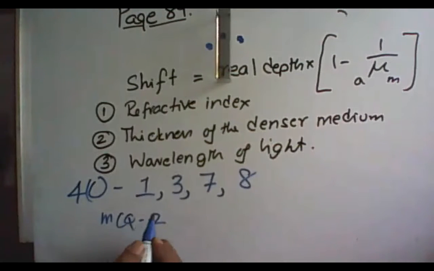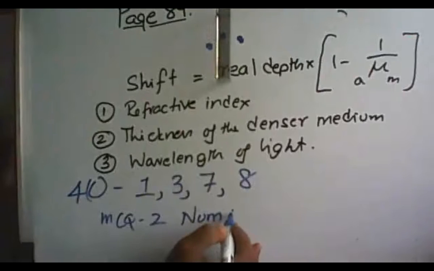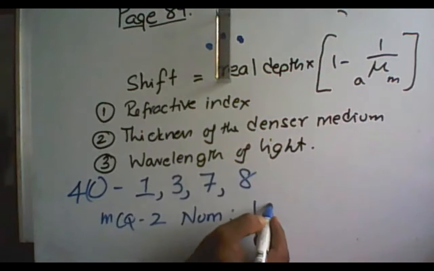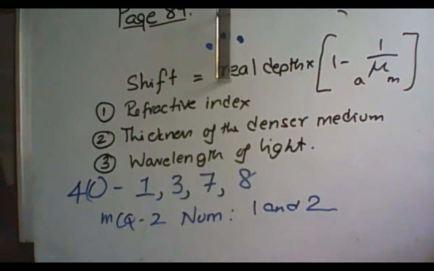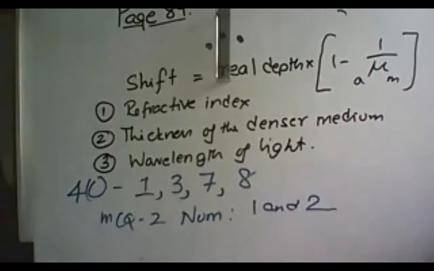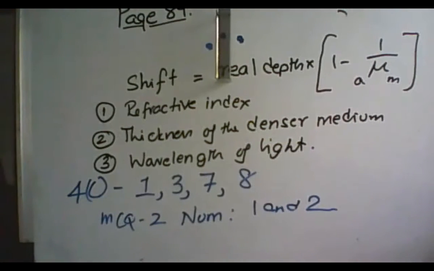Only 4 questions, and in numericals 1 and 2. It's a short assignment. In the MCQs, you just need to do the second one, and you will understand why I didn't give the first one when you do the assignment.